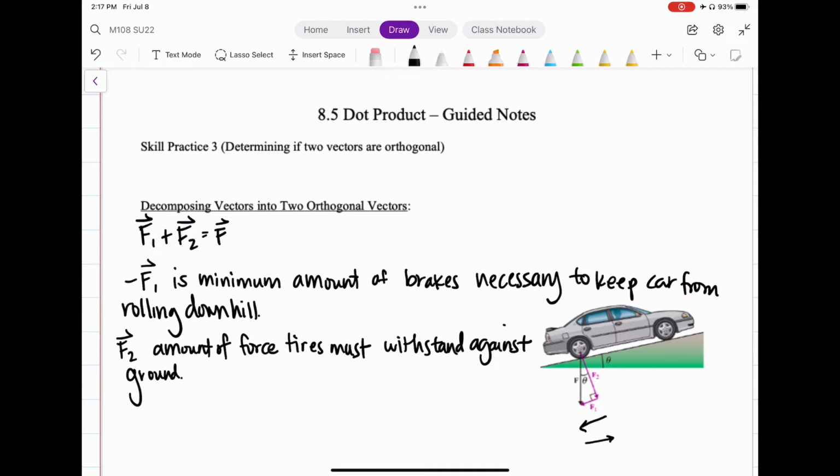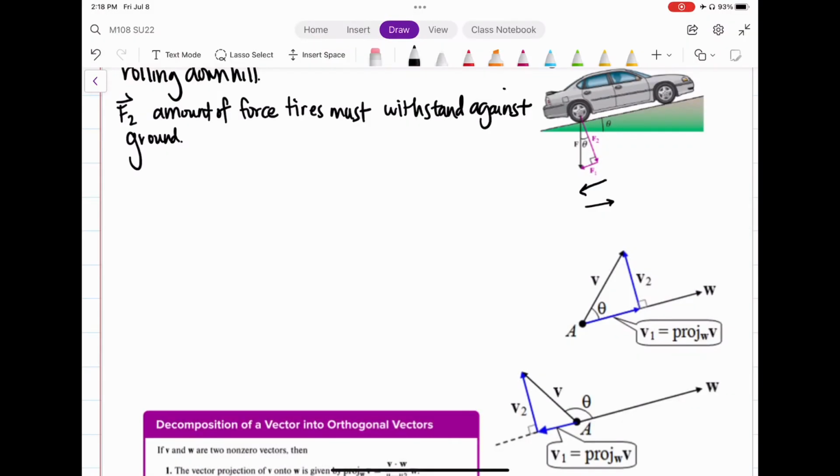We decompose force vector F into the two components F1 and F2, and we can calculate their individual measures. We can decompose vector F into the two vectors F1 and F2 that are orthogonal to each other by using what we call the projection onto that vector. I'm going to use vectors v and w to match what is given in the book.